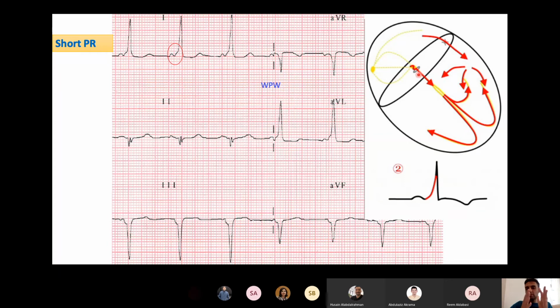Because the PR just means the time it takes for the atrial depolarization to activate the ventricle. If you have an accessory pathway, this time shortens. Make sense? So we have short PR, delta wave, and wide QRS.